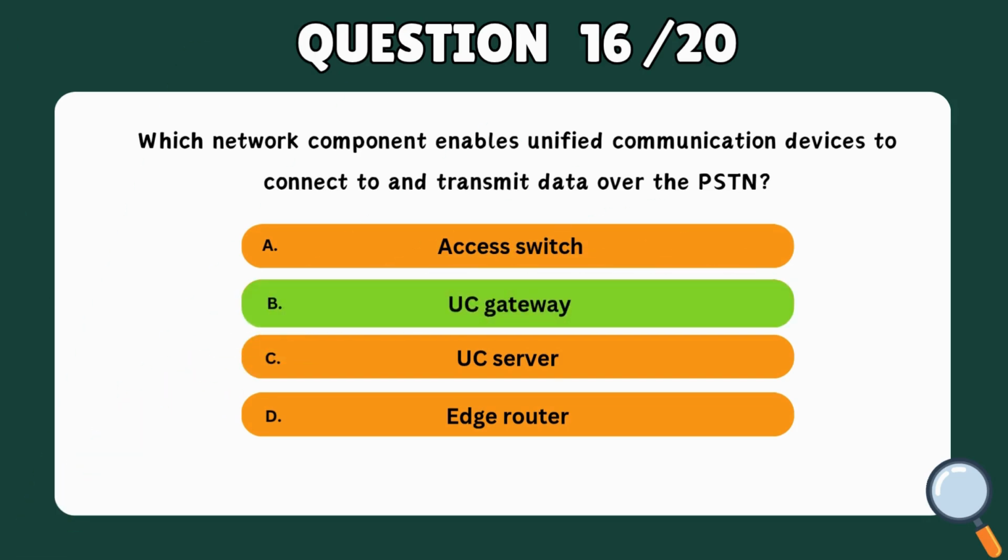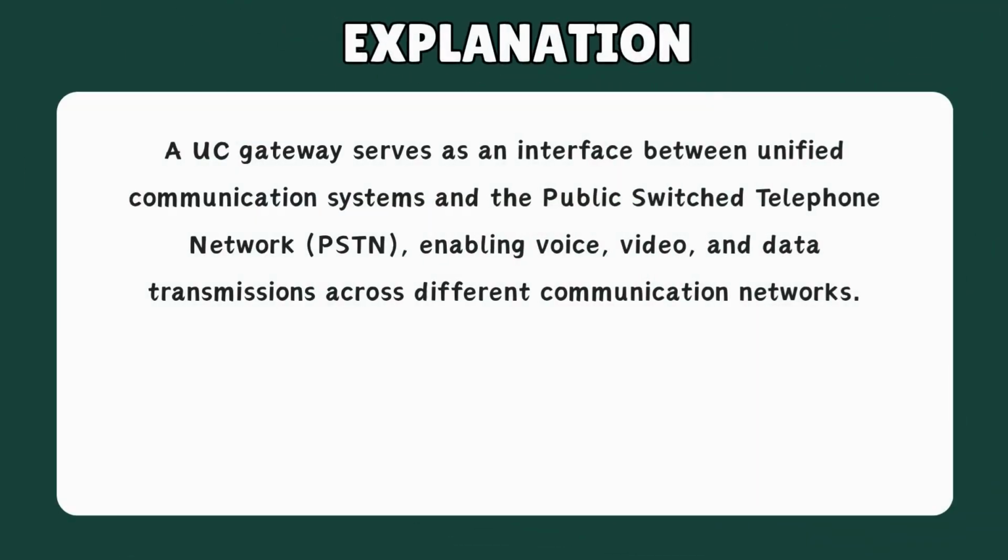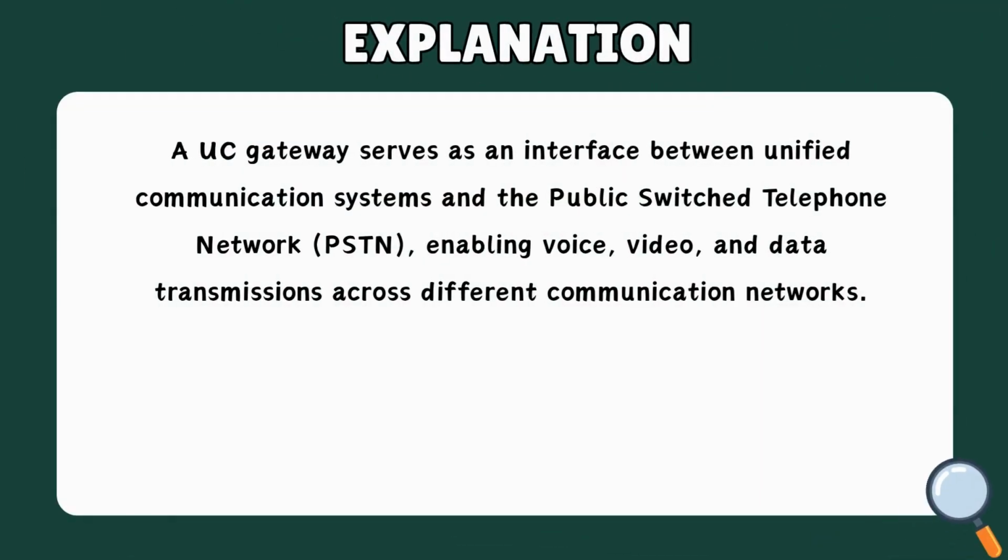Correct answer, B. UC gateway. A UC gateway serves as an interface between unified communication systems and the public switched telephone network, enabling voice, video, and data transmissions across different communication networks.